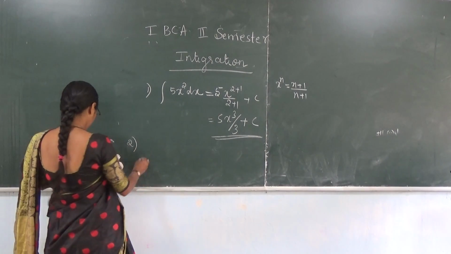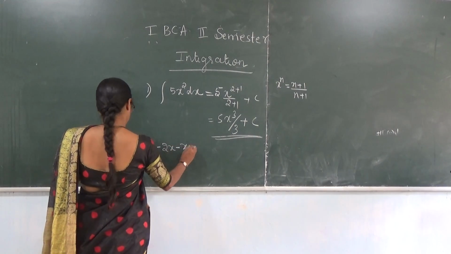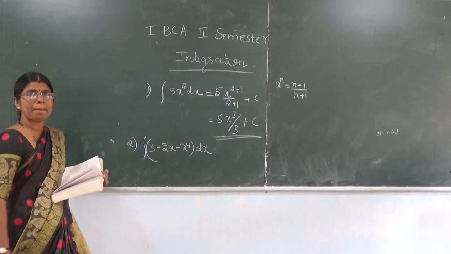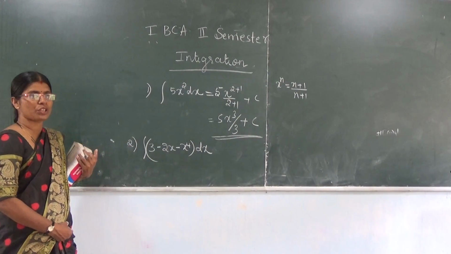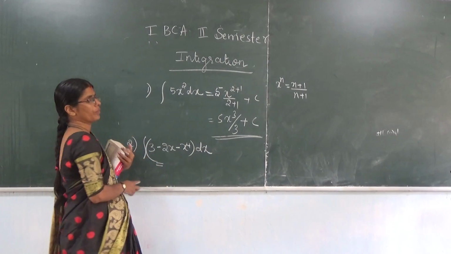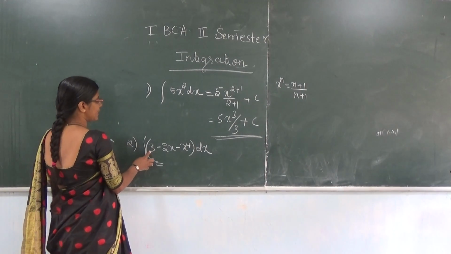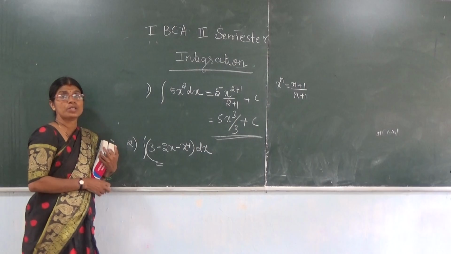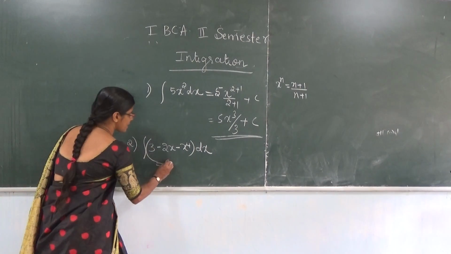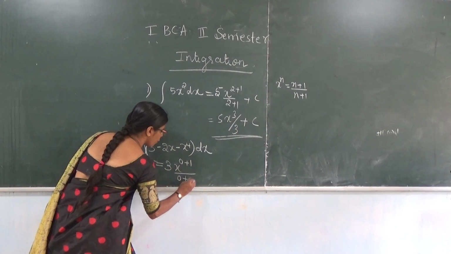Next one, integral of 3 minus 2x minus x to the power 4. Here you can use the rules of integration. 3 is a constant. Here there is no x, which means that is x to the power 0. So that is equal to 3 into x to the power 0 plus 1 divided by 0 plus 1.